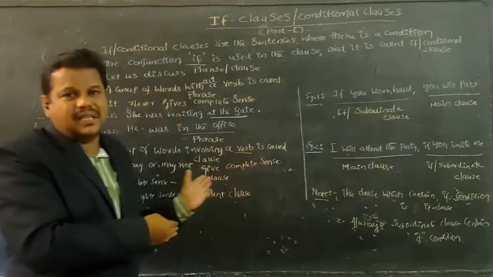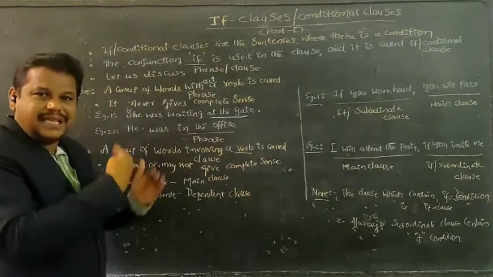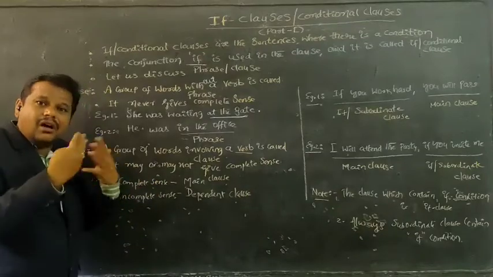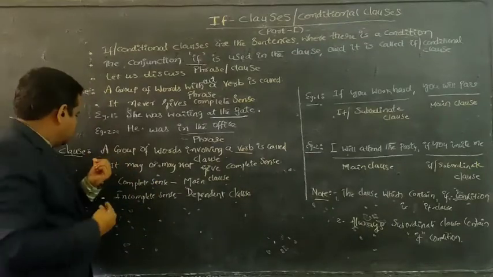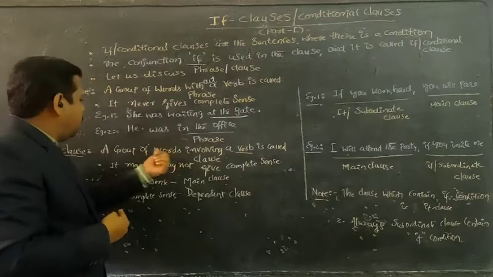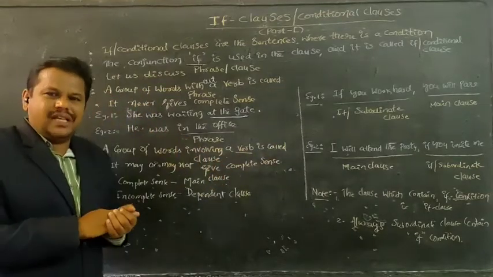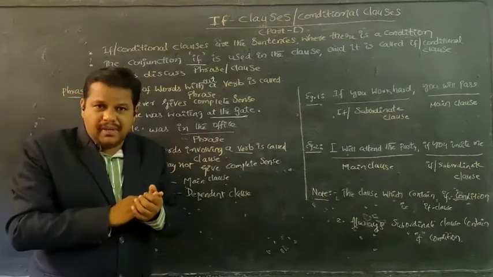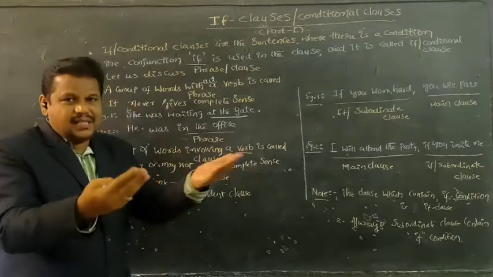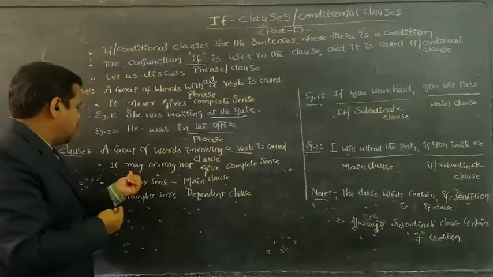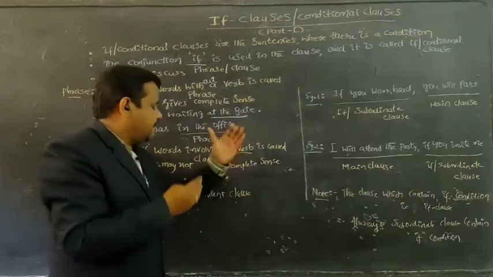Otherwise, just now we will see with one more example what a clause is. See this particular concept now. A group of words involving a verb is called a clause. A clause will always have a verb combination. A phrase will not have a verb combination, and it may or may not give complete sense.